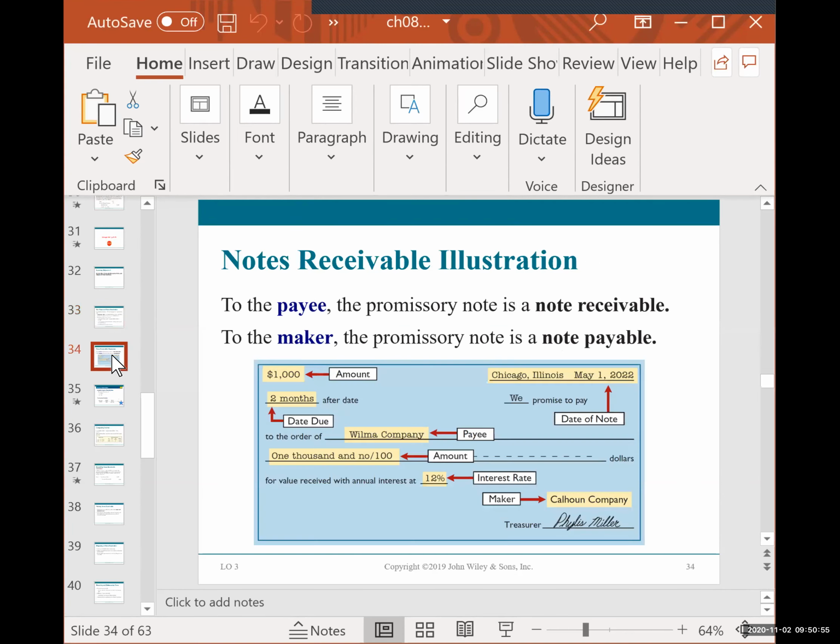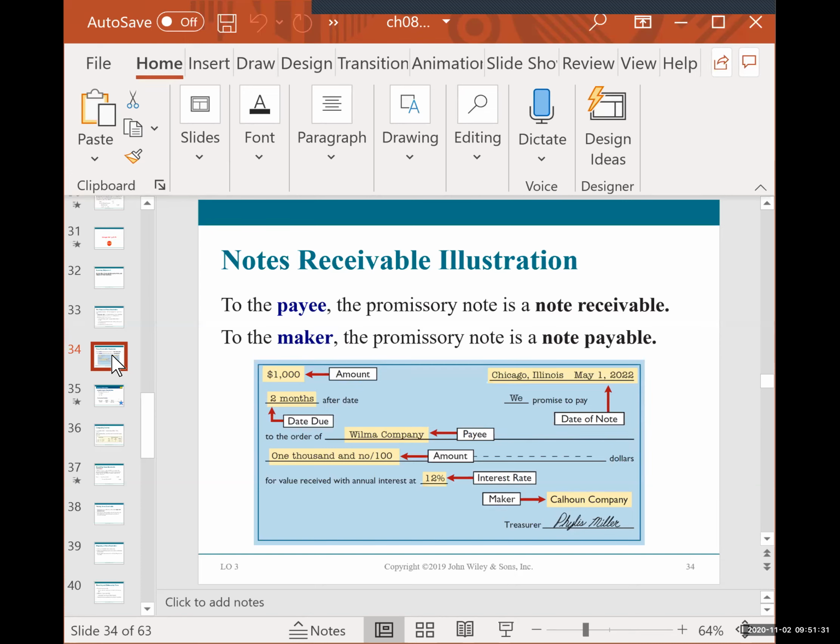So when you're dealing with notes, this is kind of funny because this shows you what would be on an actual note. The reality is, though, a note is a legal size document, and it's often several pages long. However, this information is found on a note, but you're going to be getting the information in a paragraph in Wiley. You're not actually going to see an actual note. It's going to list the amount of the note in dollars. It's also going to list the amount of the note written out.